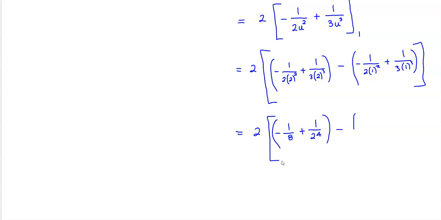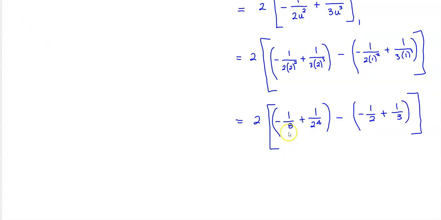And then minus negative 1/2 plus 1/3. So we need to find a common denominator, and the greatest common denominator is going to be 24. So 8 times 3 is 24, so it's negative 3 over 24 plus 1 over 24.